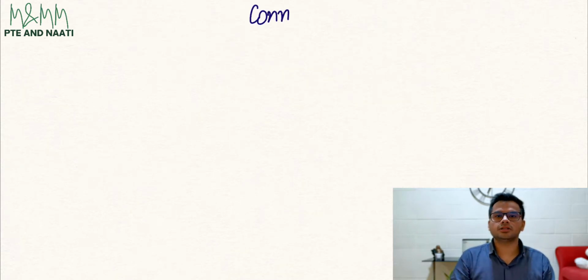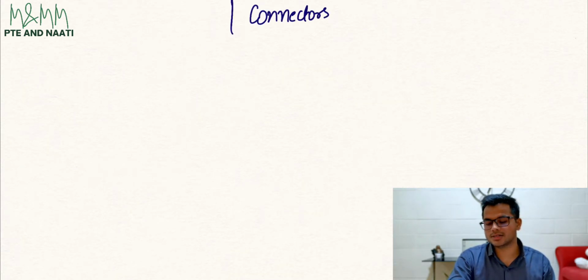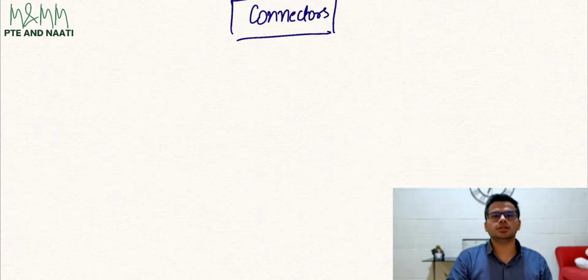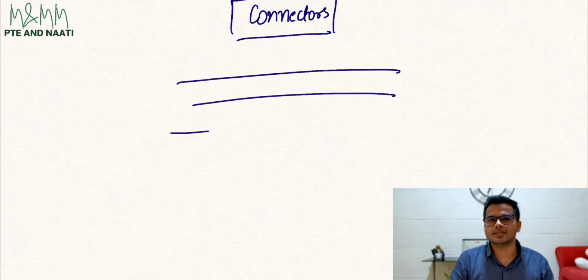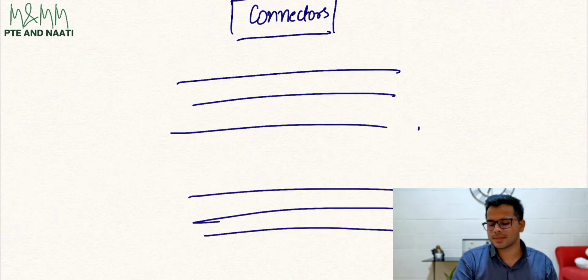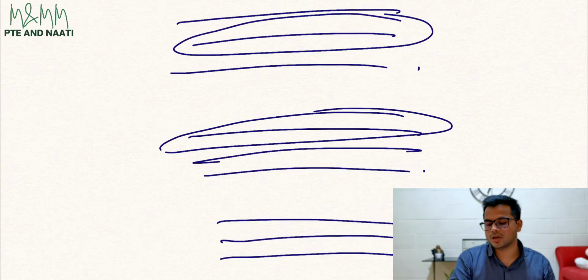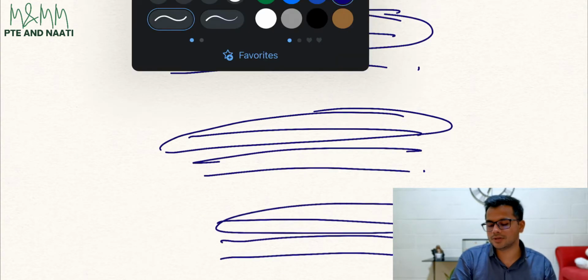Now, last but not the least and most important part is the connectors part, which I was talking about. Since we know that there can be multiple main ideas in the exam, let's say there were 2 or 3 paragraphs given to you, and you end up selecting 1 sentence out of each.